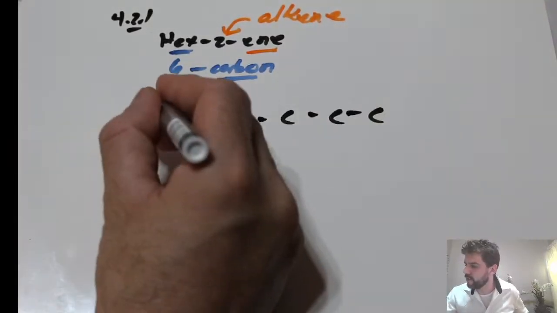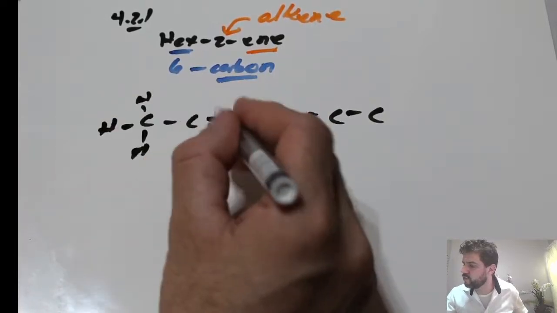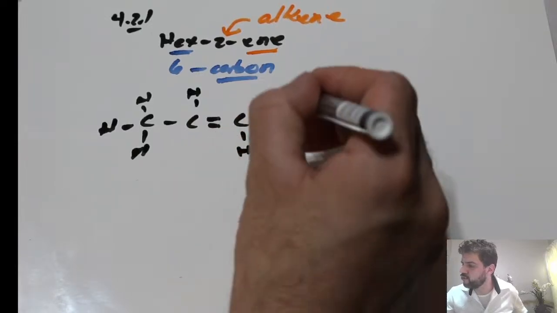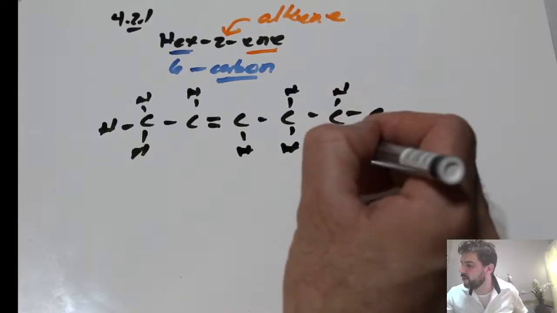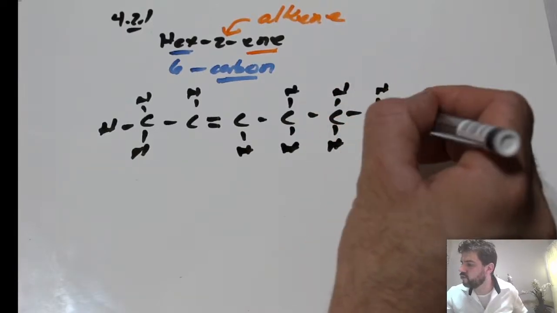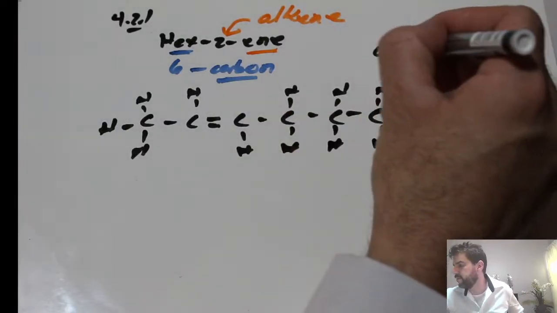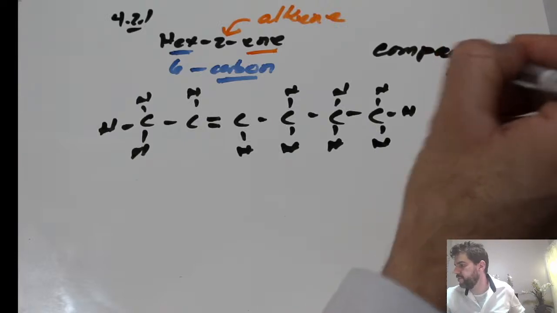So let's quickly complete the hydrogens: 1, 2, 3, and 4. It doesn't really matter where you do that. This one is the compound, compound A. There we go.